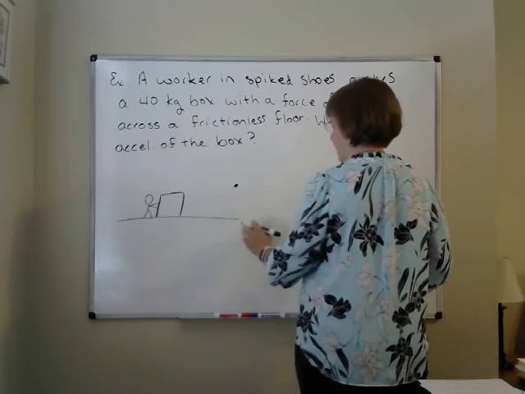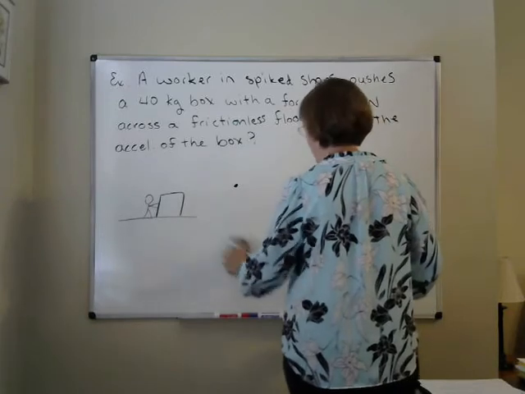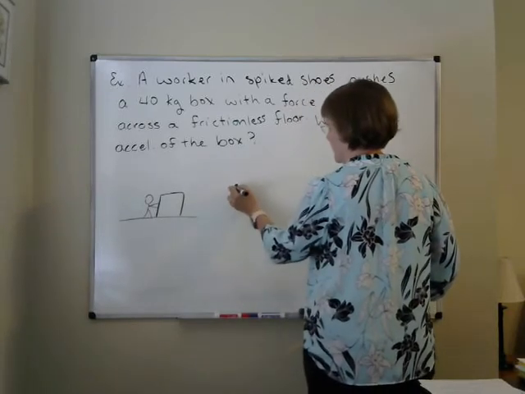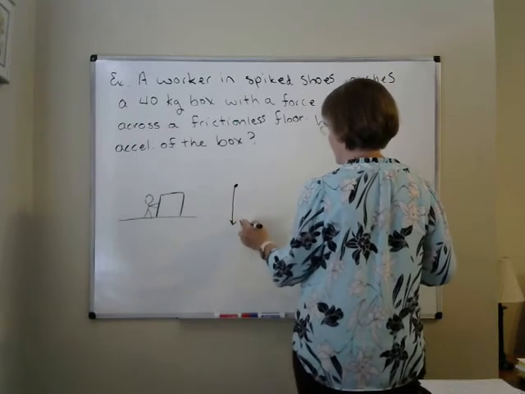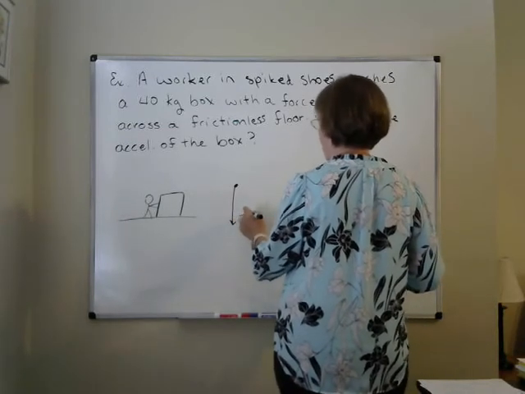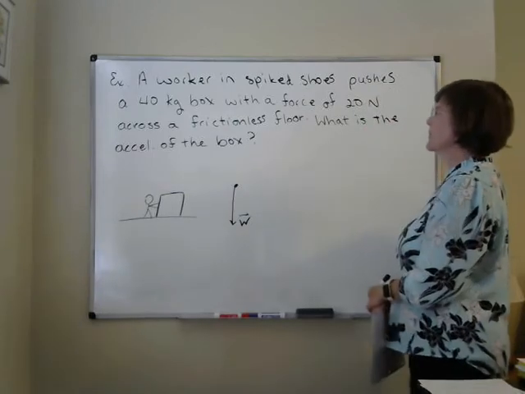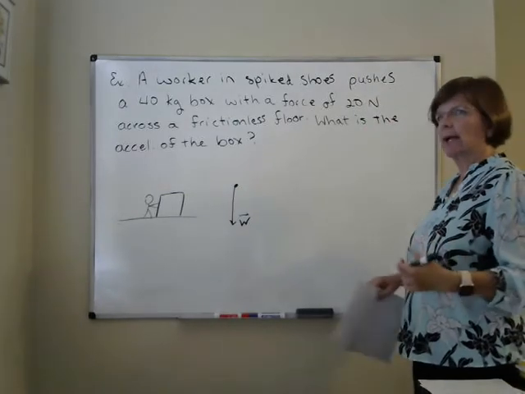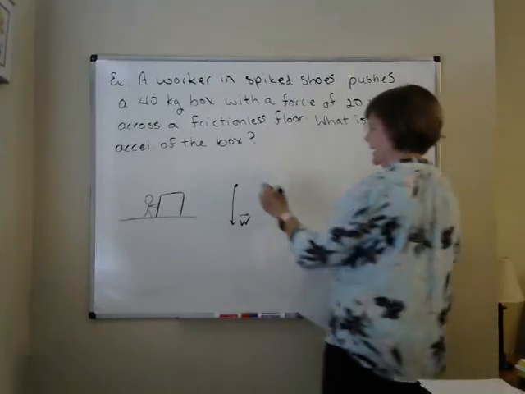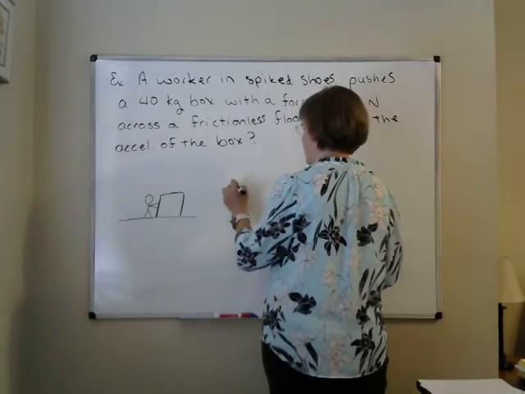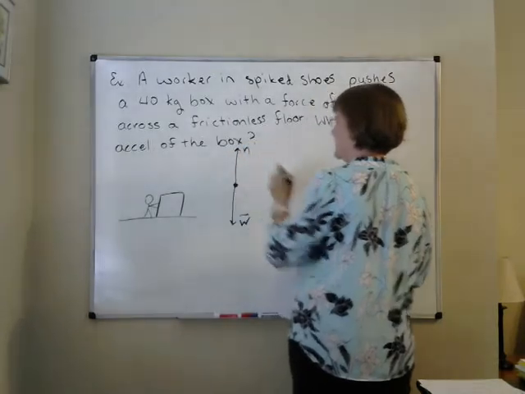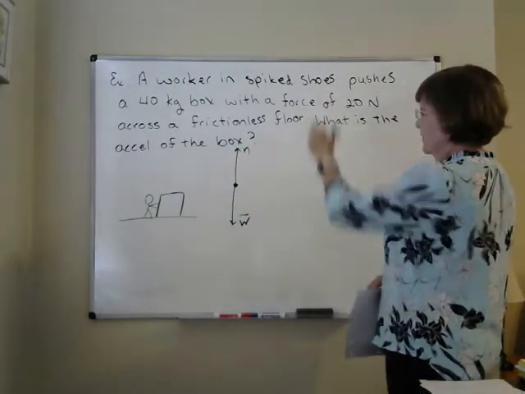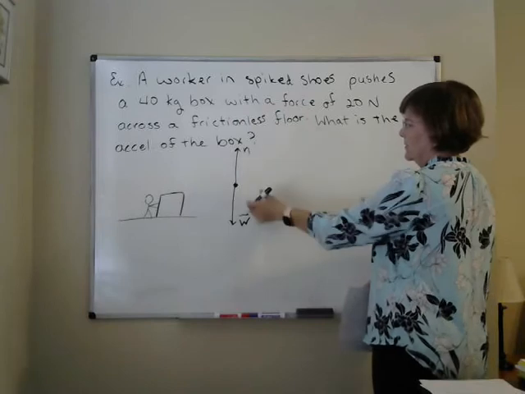What are all the forces that are acting on this box? Well, it has weight. We haven't talked about how to find its weight yet, but we do know its mass, so we'll learn how to do that soon. And there's a normal force. And it doesn't accelerate vertically, so we know those two are equal.